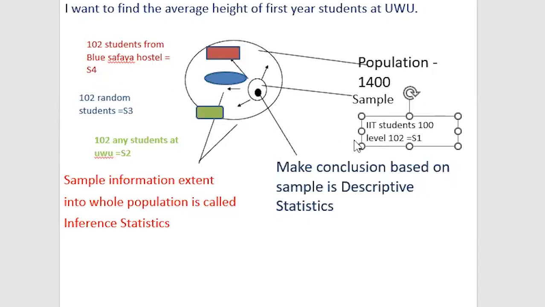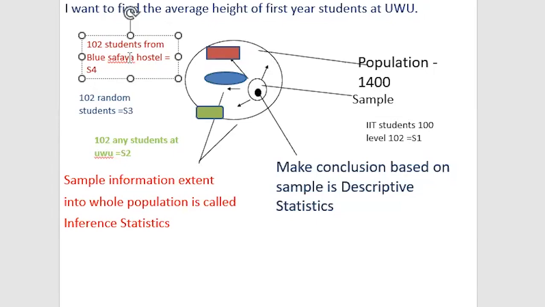But when you look at the 3 samples, what can you say about all of them? These are all coming under the population. But when you look at sample number 4, in Blue Sapphire, only girls are staying there. That sample contains all girls. All students are girls.